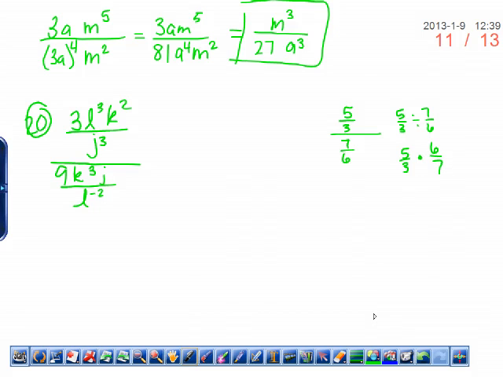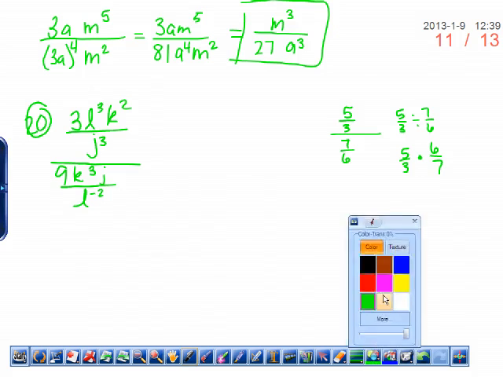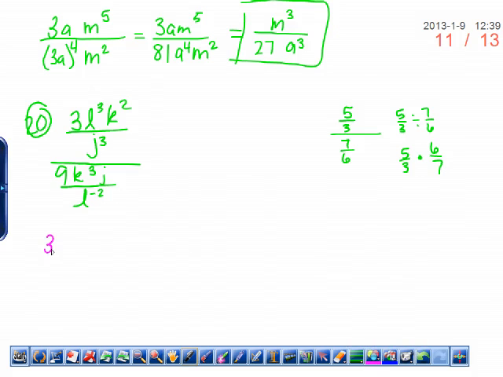So that's what we're going to do here, because we are dividing this fraction by this fraction. I'm going to keep the first fraction, 3l cubed k squared over j cubed. I'm going to change the division to a multiplication, and then flip the denominator. So it's going to be L to the -2 over 9k cubed j.